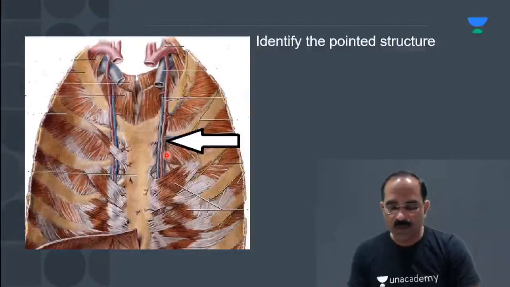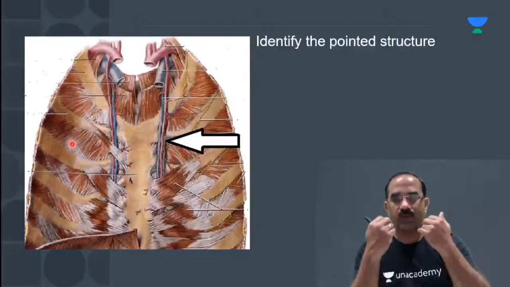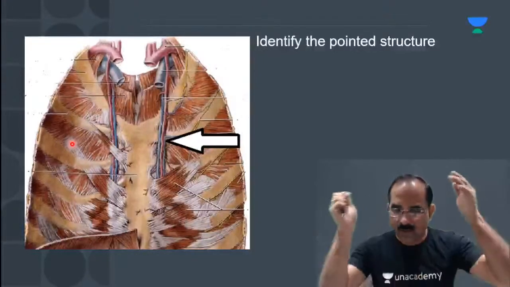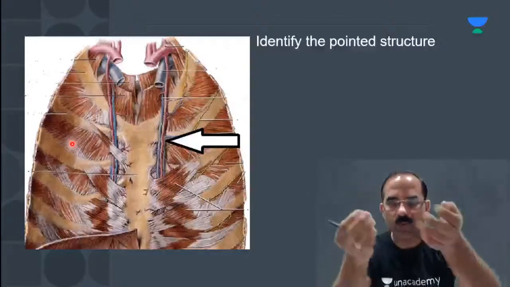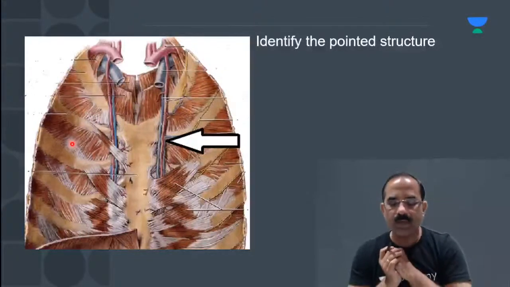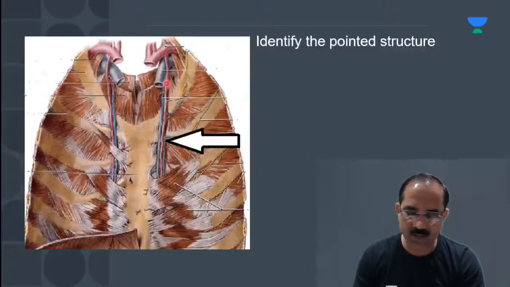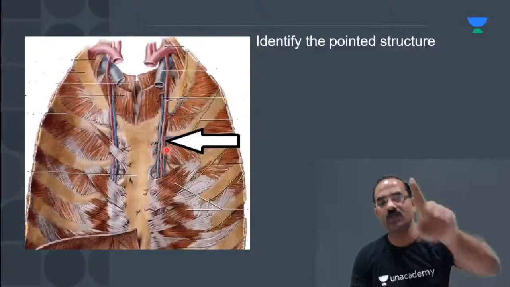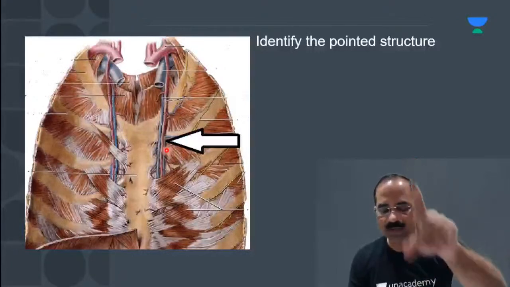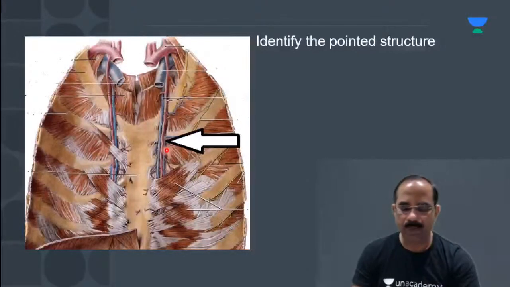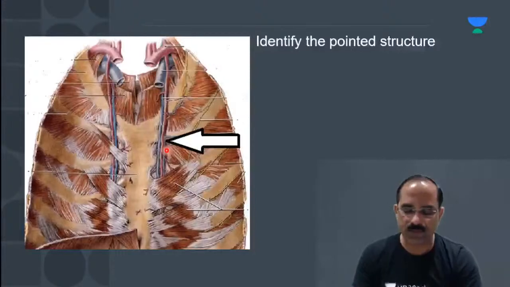Understanding? So this is the anterior wall of thorax. This is the anterior wall. We are looking from inside the thorax. Anterior wall from inside. Very good. So what is this? This is the internal thoracic artery, a branch of the first part of the subclavian artery. Exactly.